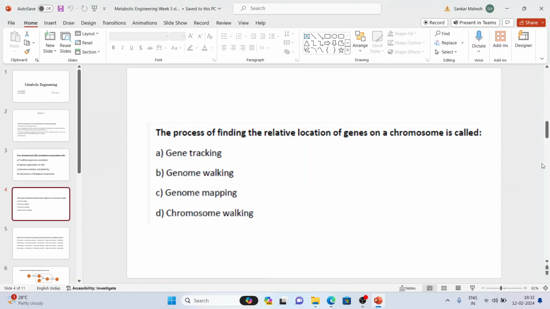When you do this amplification, you get to know what is the region that is flanking the region that you know. This way you will be able to sequence from the region that you are aware of, and in certain cases get the sequence of the entire genome, like you had mentioned earlier. So the answer is genome mapping.